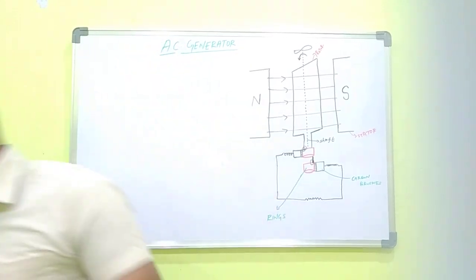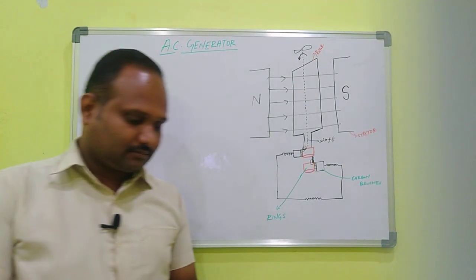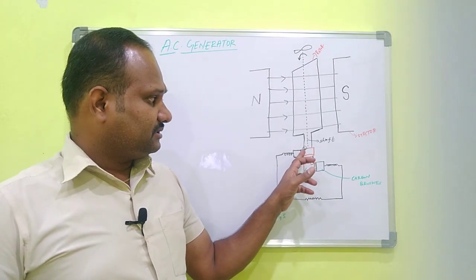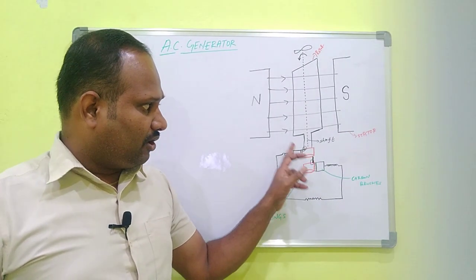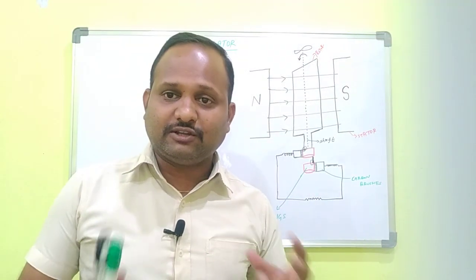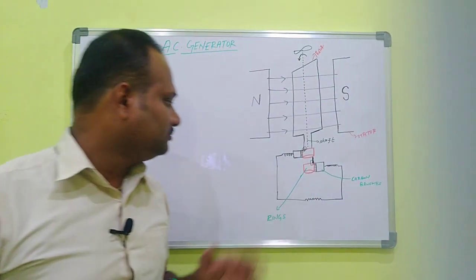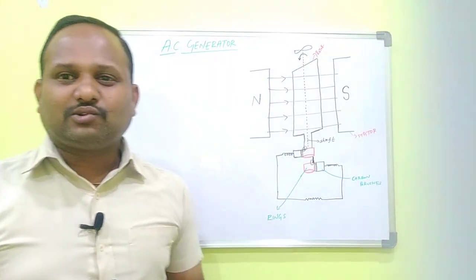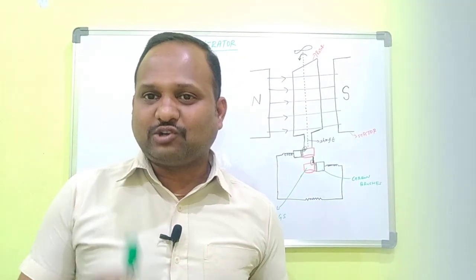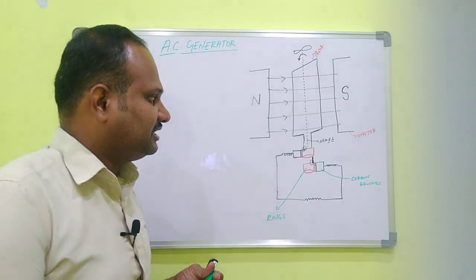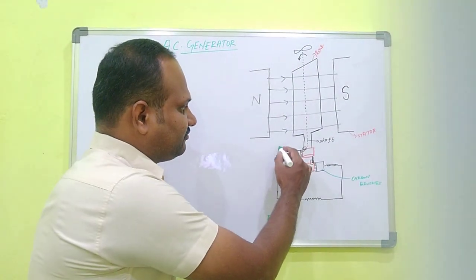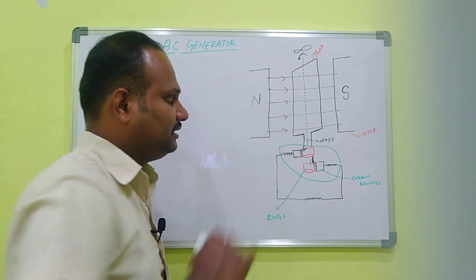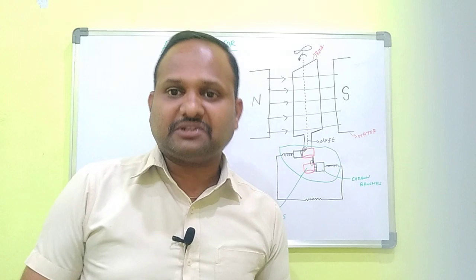Okay, good. The next is that these carbon brushes are in contact with the rings all the time even though they rotate. The next one is the commutator. What does commutator mean? The commutator is nothing but the collection of rings and the carbon brushes.